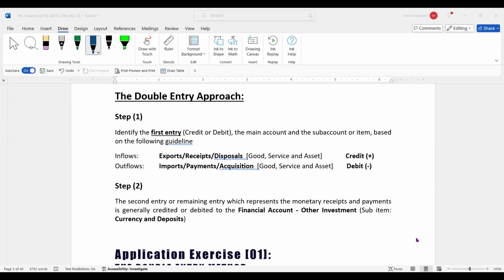Now, in the first entry, you not only have to figure out whether it's a credit or a debit, you need to figure out what is the main account and what is the sub account or item as well. But the way you write the double entry is very simple. Step 1, step 2. Got it? Once you do a few, you will be okay.